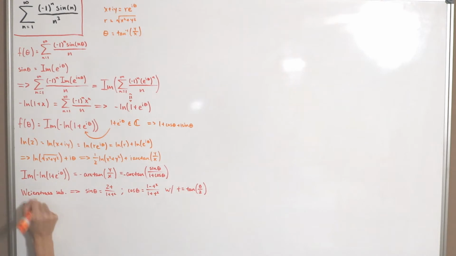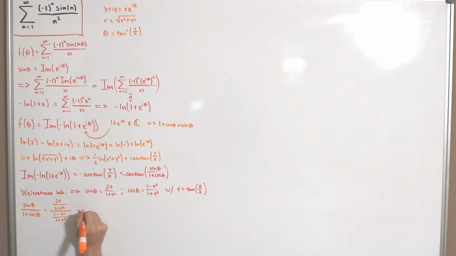So we have sine theta divided by 1 plus cosine theta, and that's equal to, let's see, 2t divided by 1 plus t squared, then that's divided by 1 minus t squared divided by 1 plus t squared.